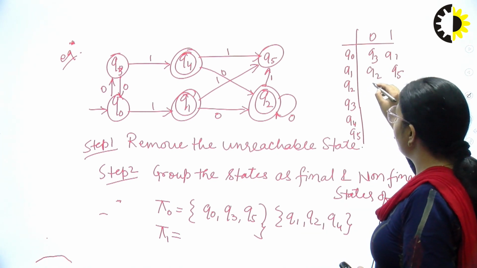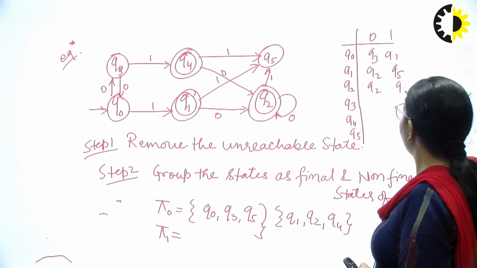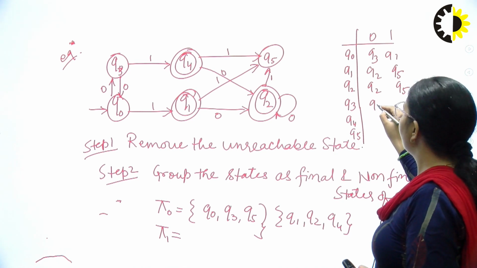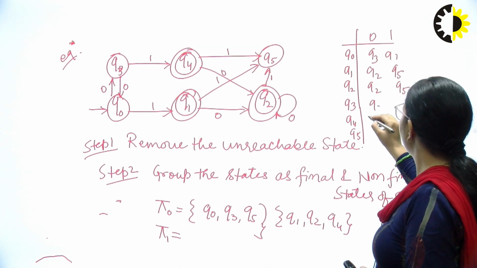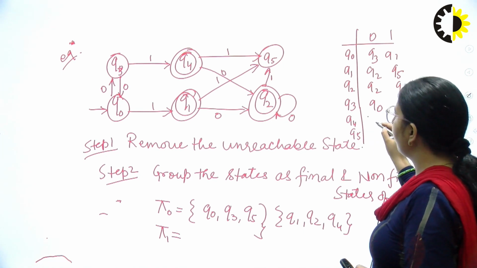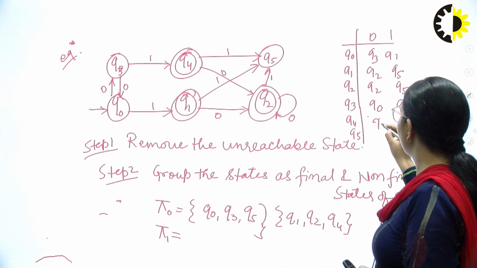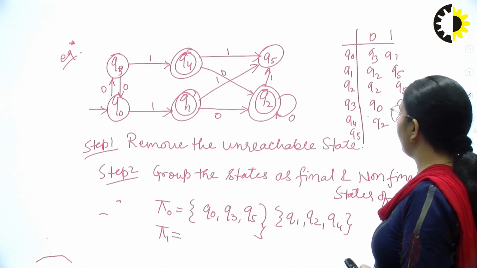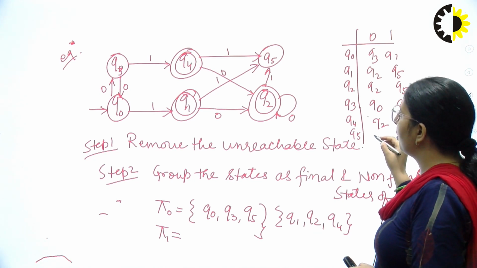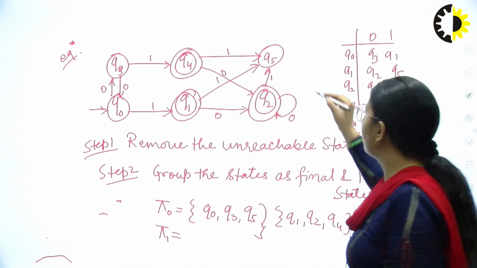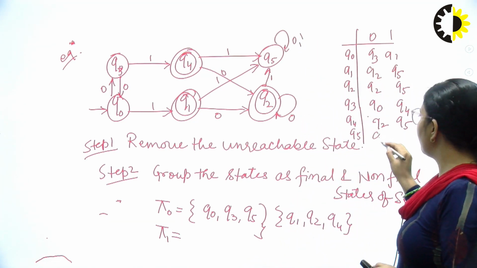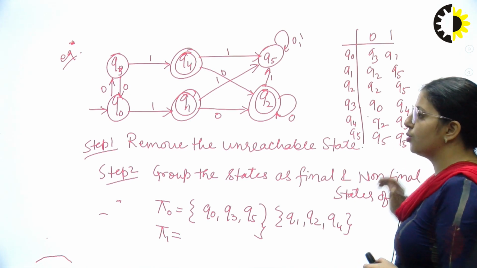Q3 goes to Q0 and Q4. Q4 on 0 goes to Q2, and on 1 goes to Q5. Q5 on 0 and on 1 goes to Q5.